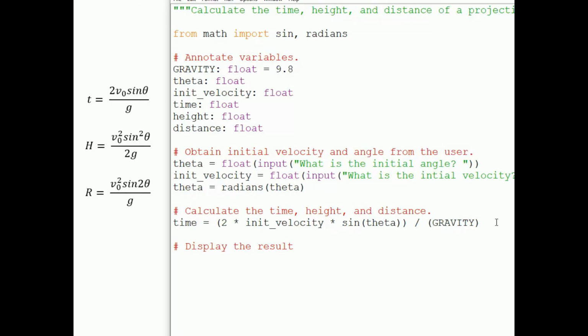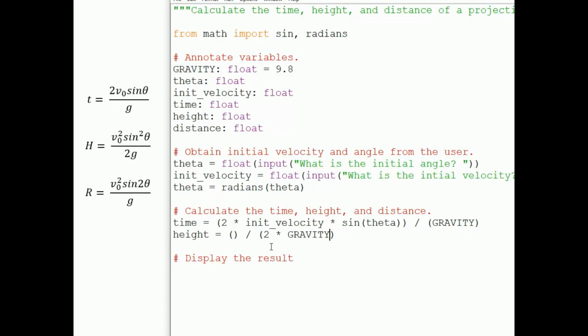Now I'll also compute the height for one more example, but I'll leave computing the distance to you as an exercise. So height equals, and now this time I again have a division bar, so I'll put parentheses, division sign, parentheses. In the denominator we have 2g, so I'll write 2 times gravity here.